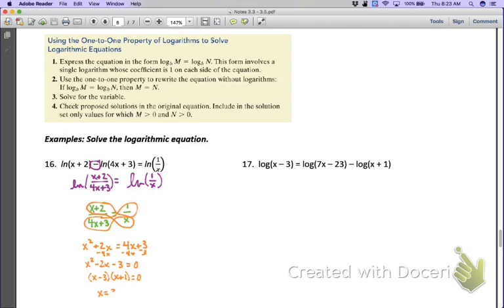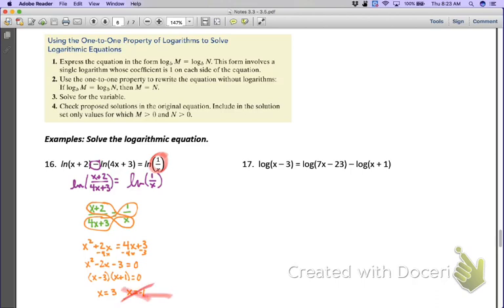So x is 3 and x is negative 1. Which one is not going to work? If I plug it in, which one would give me a negative value inside my of statement? If I plug in a negative here, is that going to be a negative value? Yep.